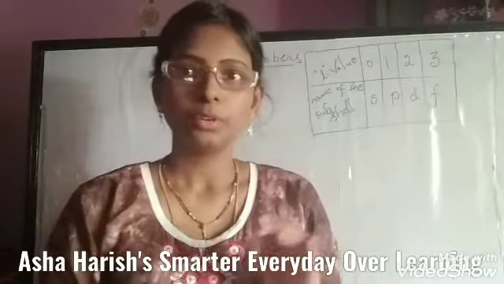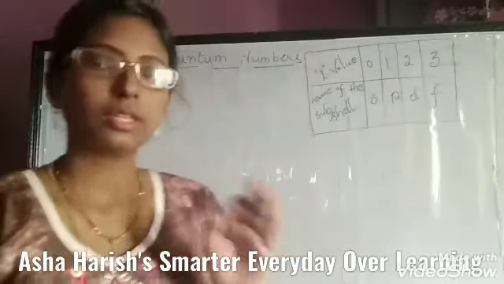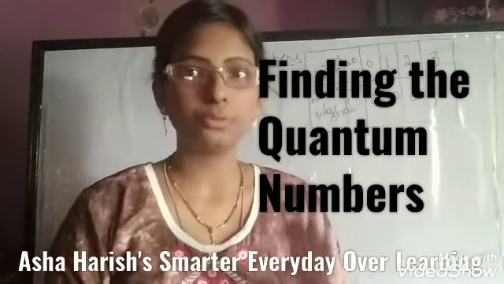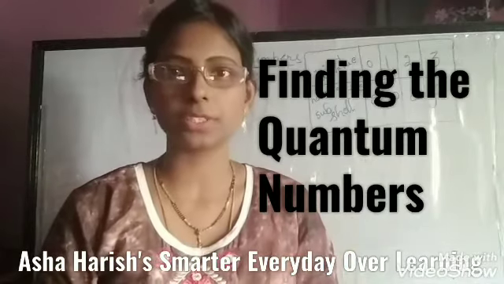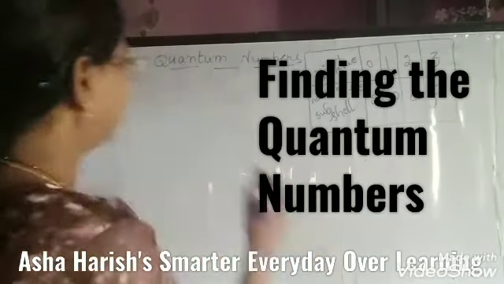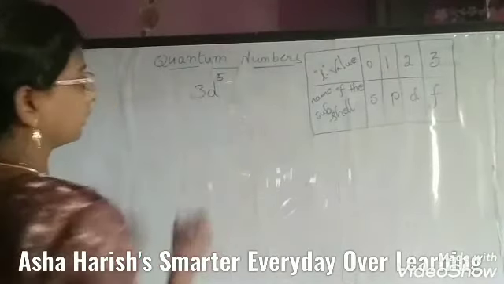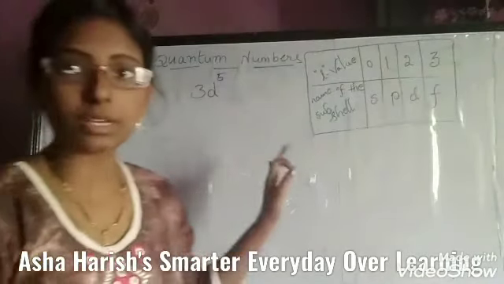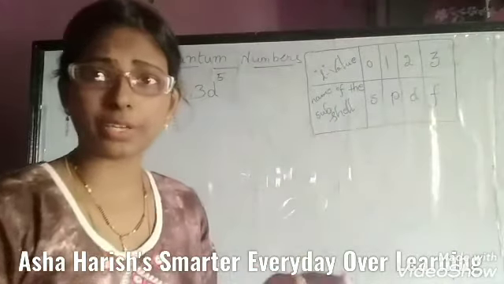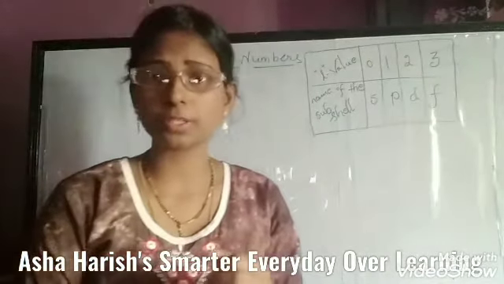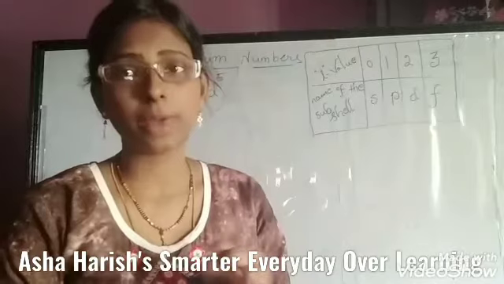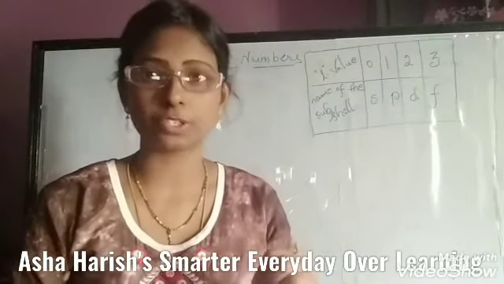And now we have to know the finding of 4 quantum numbers for the orbitals. For example students, if I give you the orbital 3d5, for this you have to find out the principal quantum number, azimuthal quantum number, the magnetic quantum number and the spin quantum number.